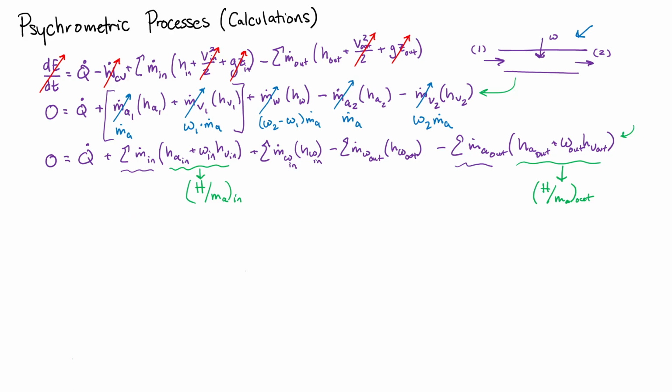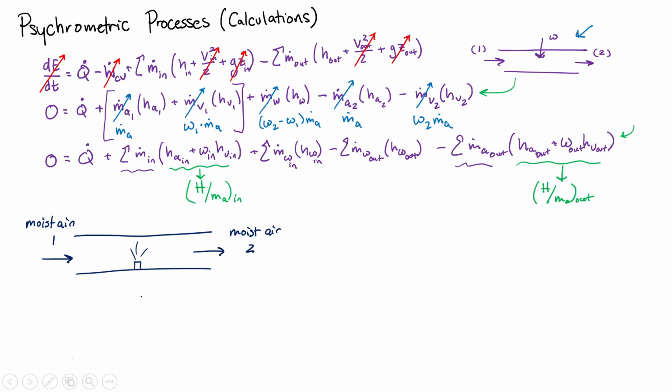So what our overall system is going to look like is I have a piece here where I have some amount of moist air going in, some amount of moist air going out, and I have some spray, or a wet towel or something that is adding water.